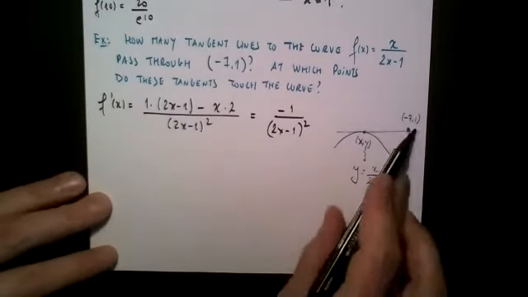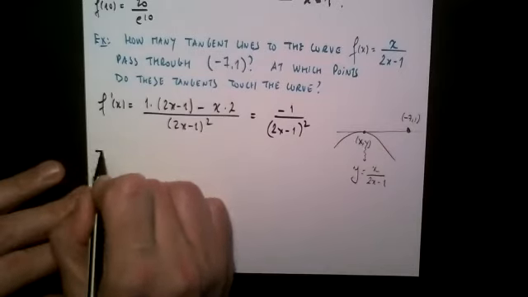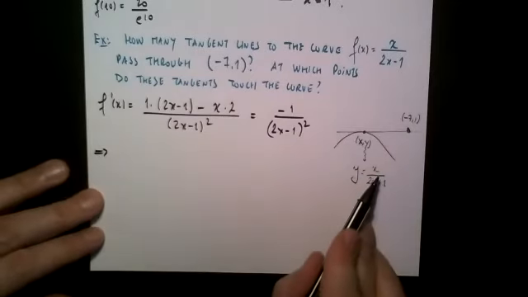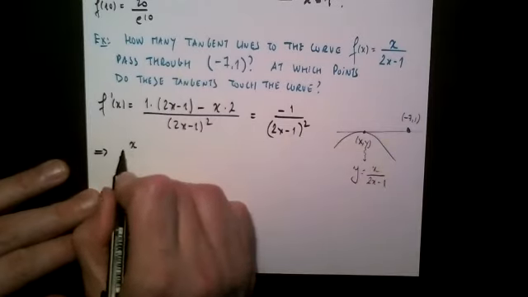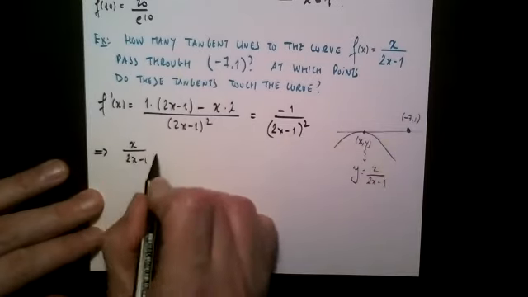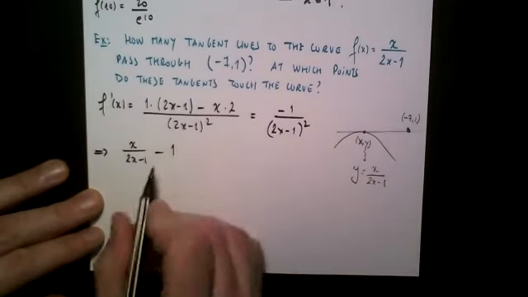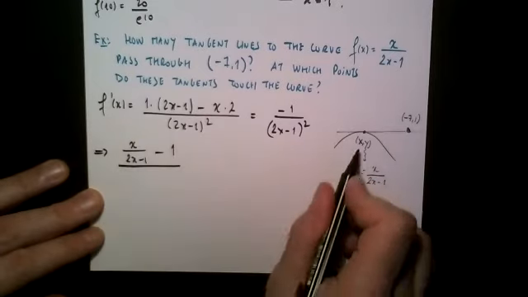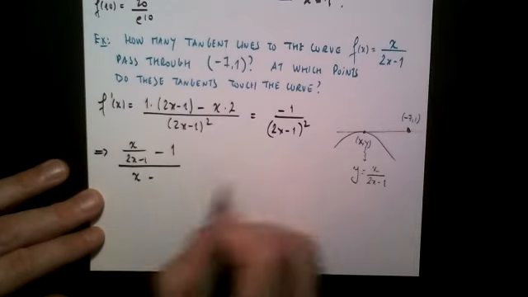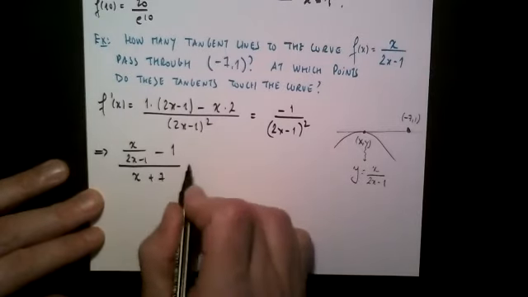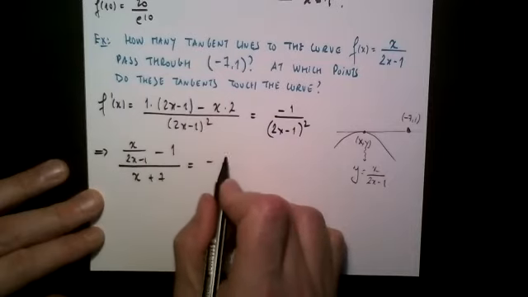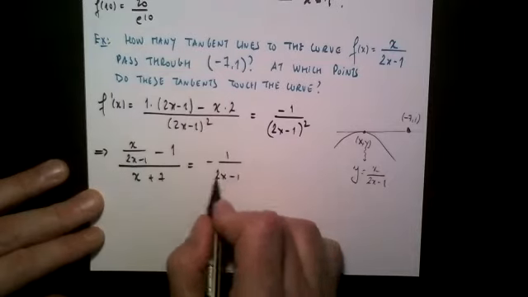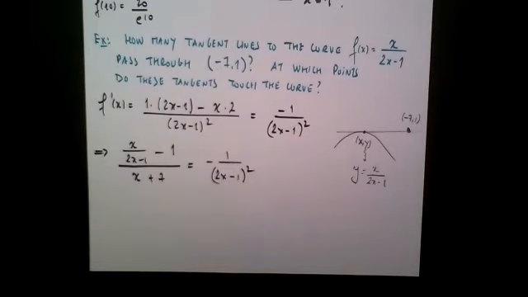Okay, so let's do it. We must have y2 minus y1, so x over 2x minus 1 minus y1, which is 1, over x2 minus x1, which is plus 7, has to equal the slope, the derivative, -1 over 2x minus 1 squared.